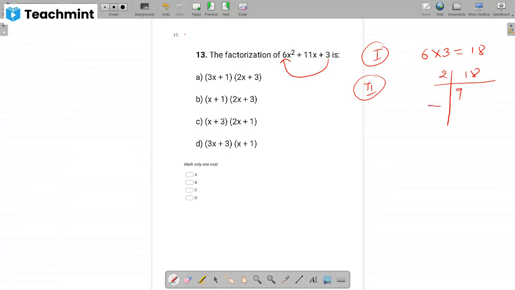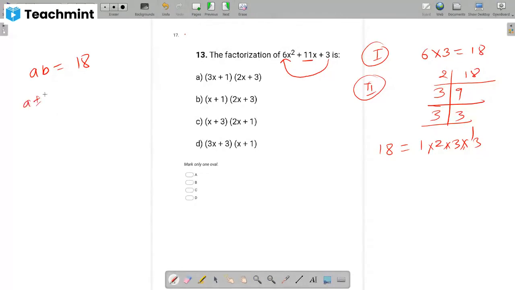So 2 nines are 18, 3 sixes are 18, and 18 ones are 18. So the factors of 18 are 1, which is a factor of all numbers, 2, 3, 6, 9 and 18. Now you see here it's 11, and the product is 18. We have to select two numbers in such a way that the product should be 18, and after addition or subtraction we should get this positive 11.